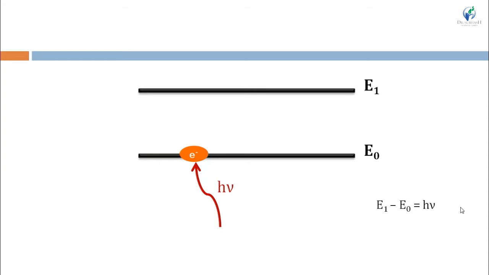In the E1 orbital this electron is not stable, so that orbital is the excited state for this electron. After absorbing electromagnetic radiation having energy h into mu, this electron goes to the E1 orbital, because the energy difference between E1 and E0 orbital is h into mu.